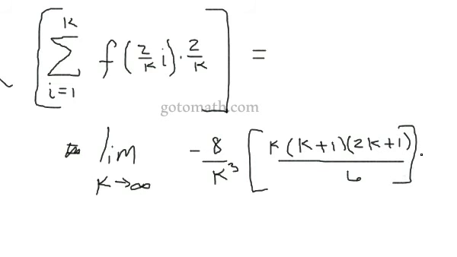Put a bracket around that, and then we have plus 12 out here, and we'll put parentheses around everything.